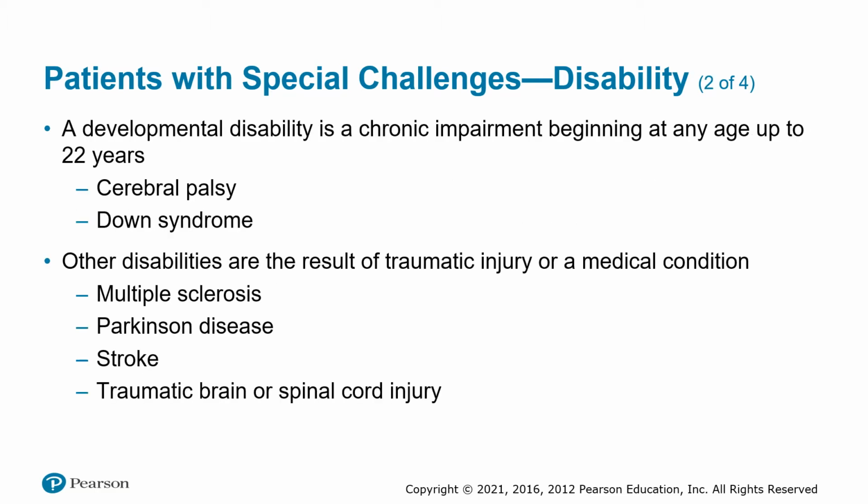Developmental disability is a chronic impairment beginning at any age up to 22 years old, such as cerebral palsy, Down syndrome. Other disabilities can be the result of a traumatic injury or medical condition, such as multiple sclerosis, Parkinson's disease, stroke, or traumatic brain injuries or spinal cord injuries.